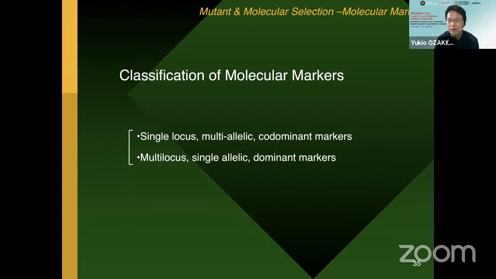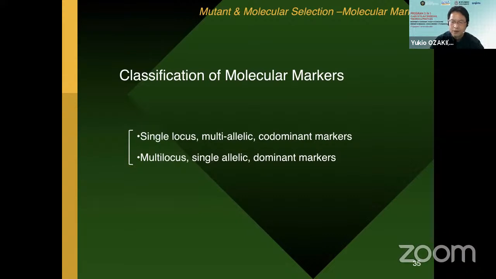Microsatellites are capable of detecting higher levels of polymorphism than RFLPs. The second is multi-locus single-array dominant markers. Examples are AFLP, amplified fragment length polymorphism, and RAPD, rapid random amplified polymorphic DNA.